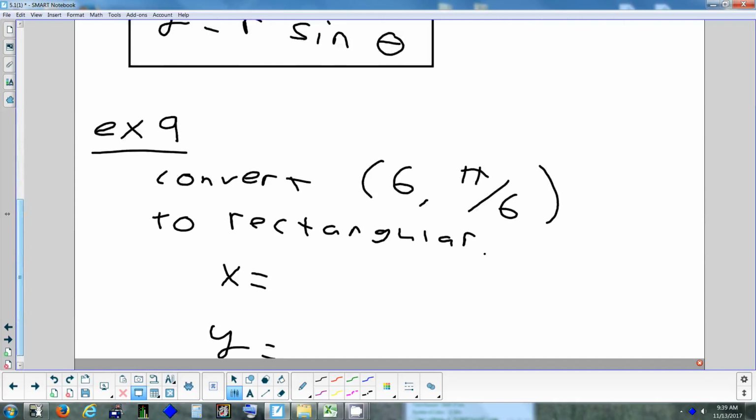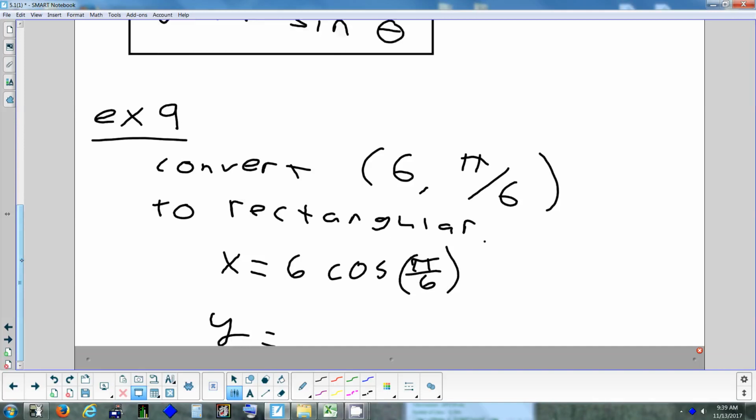So, could you tell me what my radius is here? 6. And my angle? Pi over 6. Now, using those two numbers you just gave me, could you give me my formula to find x? 6 cosine pi over 6.